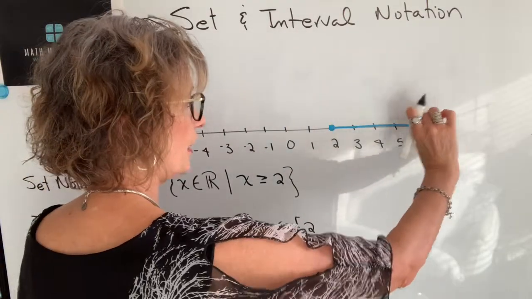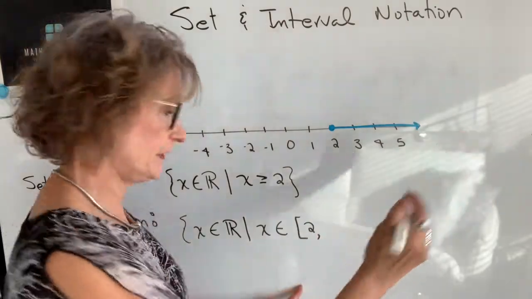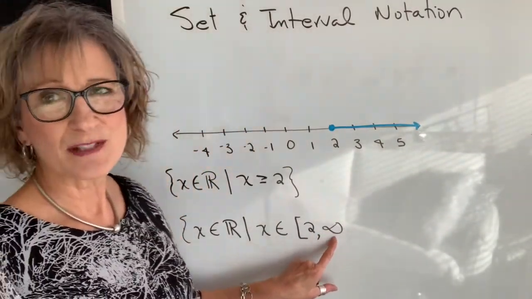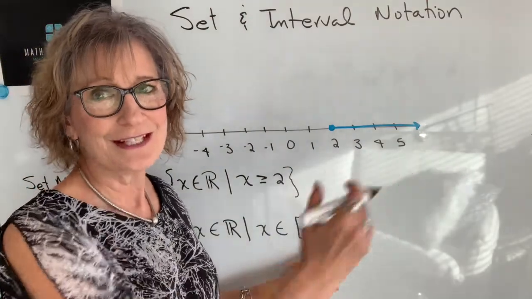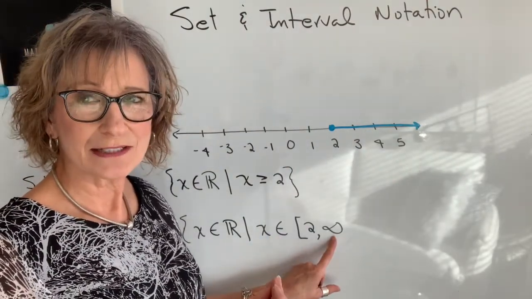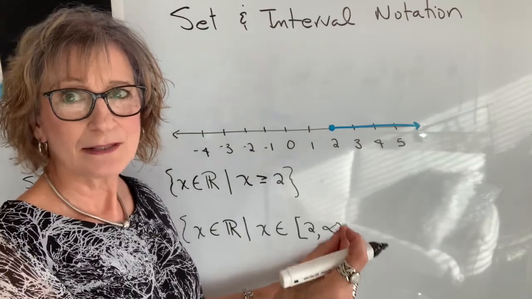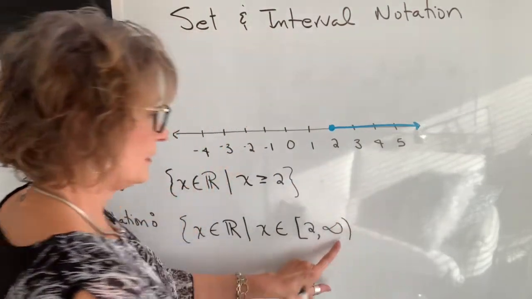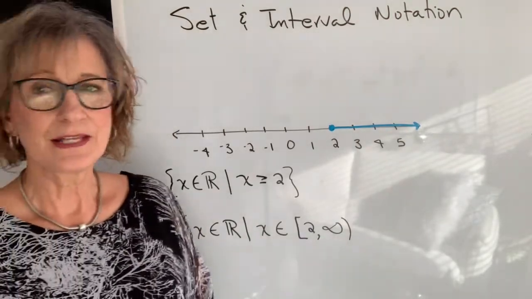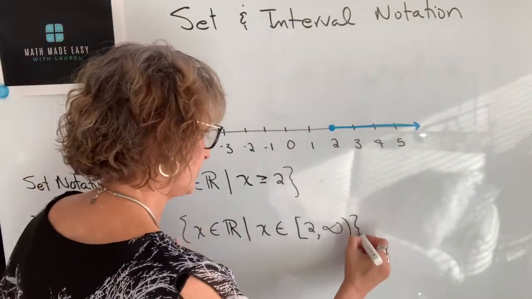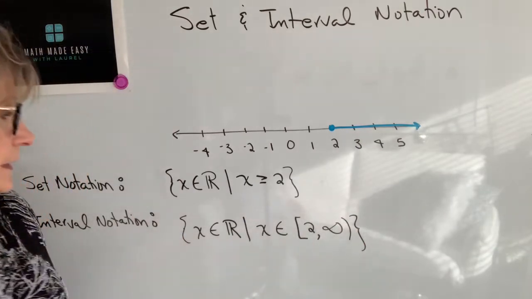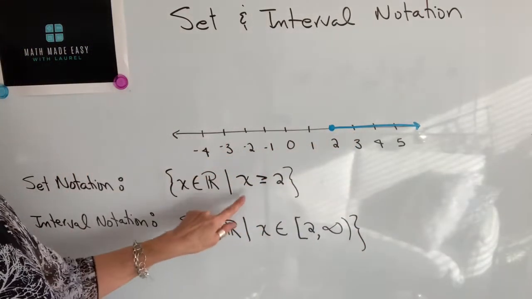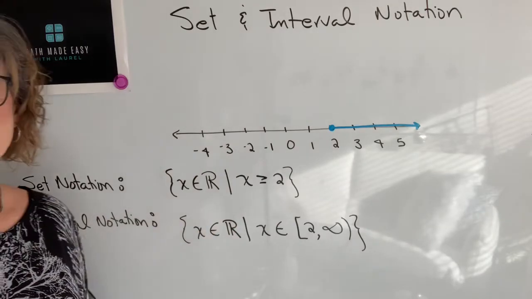And it goes on forever, so it goes on to infinity. And infinity is not a specific point, it goes on and on and on. So we can't put a bracket there to indicate an end point. We would use parentheses. And then we finish off our notation, and that's how we would express it in that interval in set notation or in interval notation.